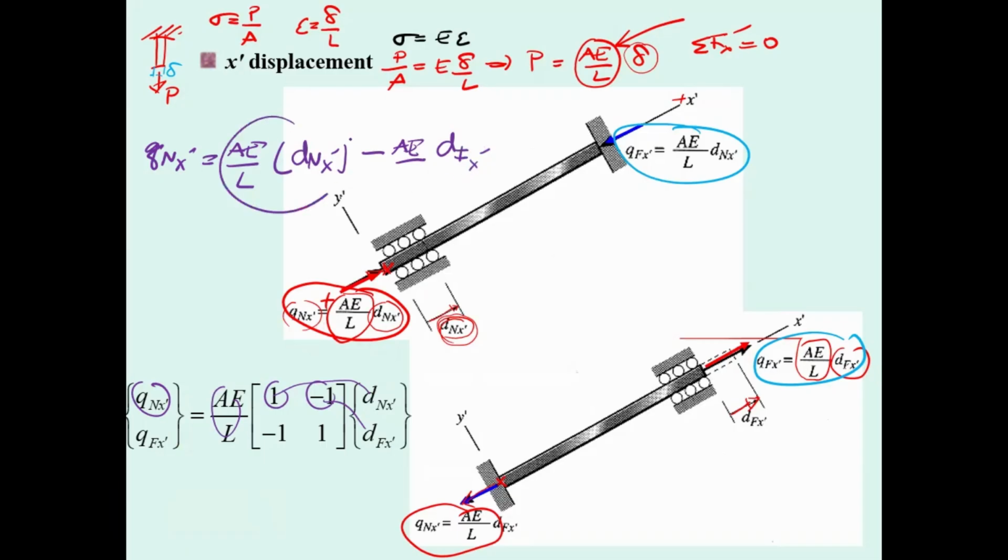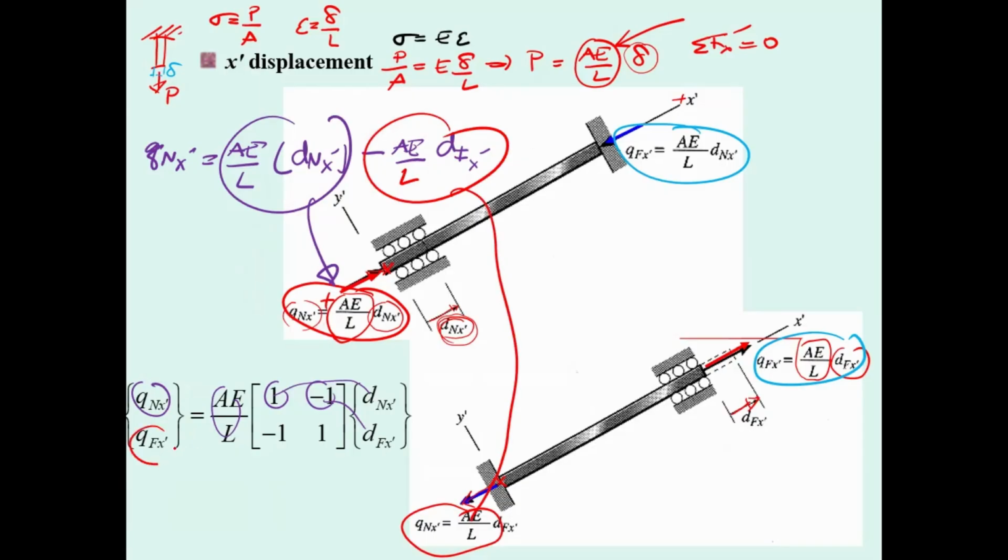You will see this term is going to be this one. No, it's going to be this one. Okay, this one. This term is going to be positive. And this term, AE over L, D sub x, is going to be this one.